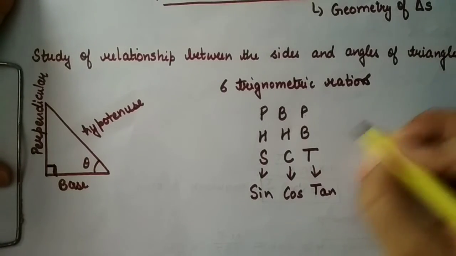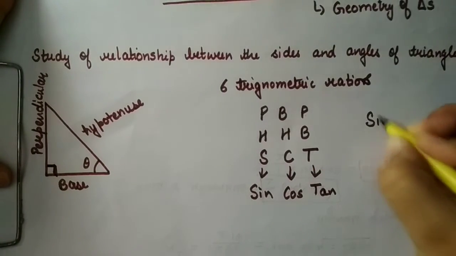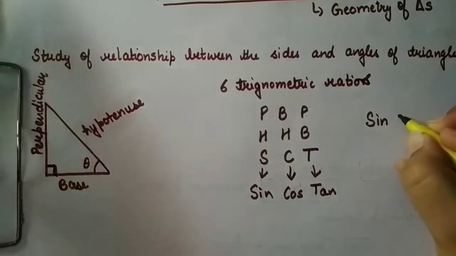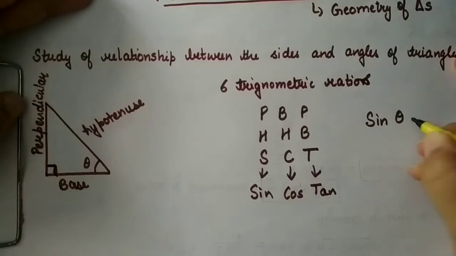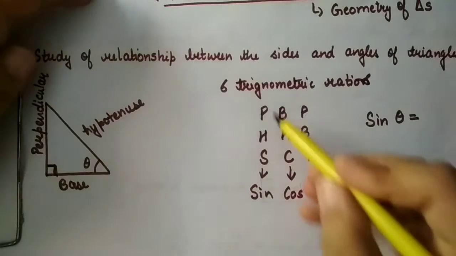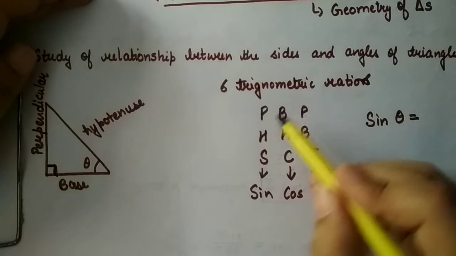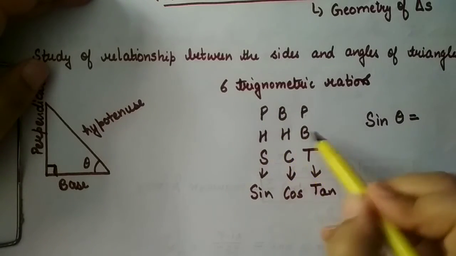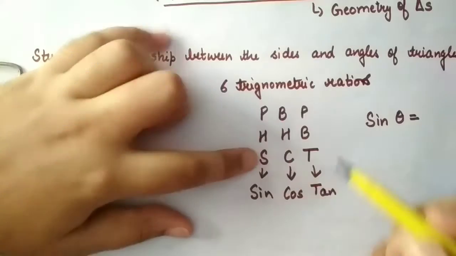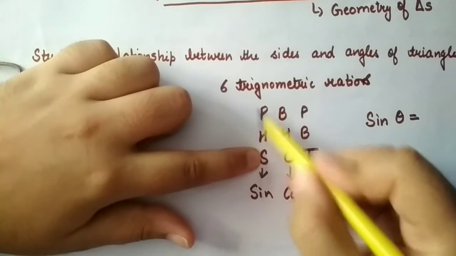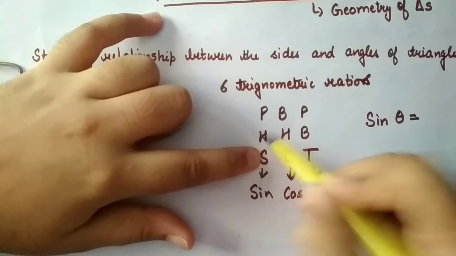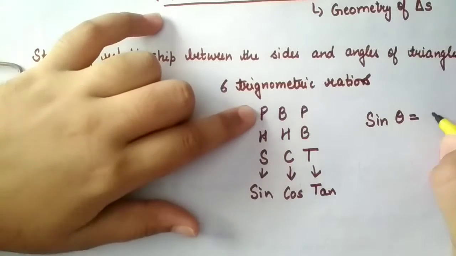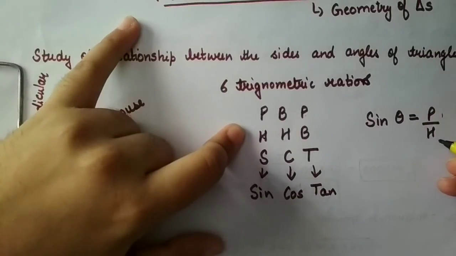You can remember here sine theta is written as, from this Pandit Badri Prasad Hari Hari Bol Sona Chandi Tol, you can see above sine there is PH. So sine theta is P upon H, that is perpendicular upon hypotenuse.